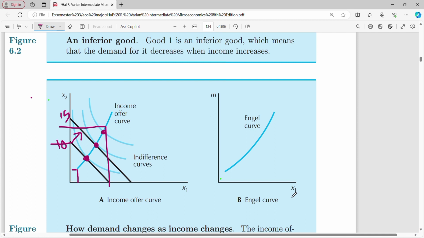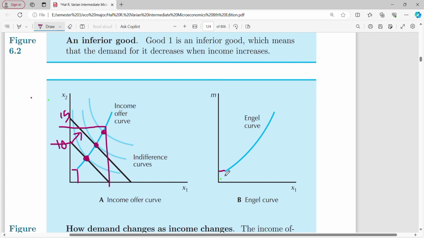So this is another curve, the Engel curve. Engel curve means if we hold the prices of good 1 and good 2 fixed and look at how the demand changes as we change the income, we'll get the Engel curve. Here the prices and all other things are constant, we are just focusing on the income.